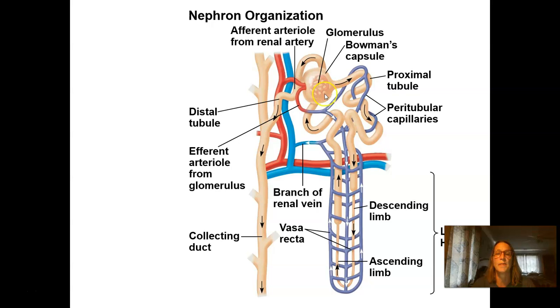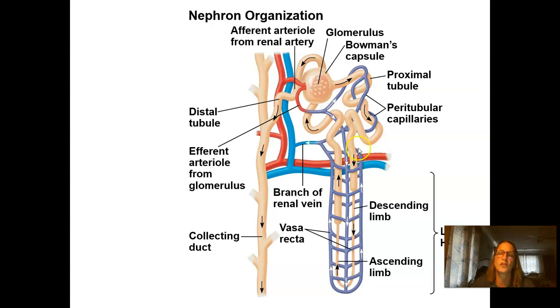You've got this capillary bed right here, called the glomerulus, and it is inside this cup-shaped tube called Bowman's capsule. A bunch of stuff gets pushed out of the glomerulus into the Bowman's capsule, and then it's going to travel down these tubes.